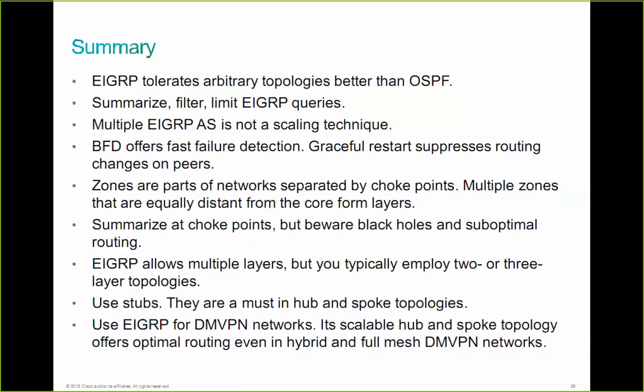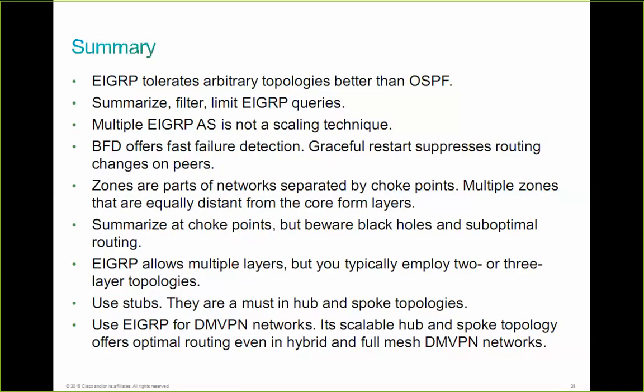Okay. So in this chapter, which was our EIGRP chapter, we talked about the ability to create these arbitrary topologies, a lot more flexibility than what we saw with OSPF. To increase the efficiency of EIGRP, we can use route summarization, route filters, we can limit EIGRP queries.